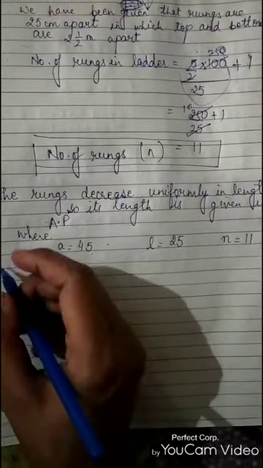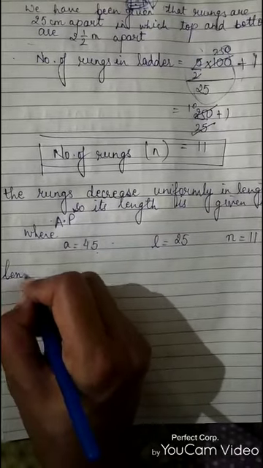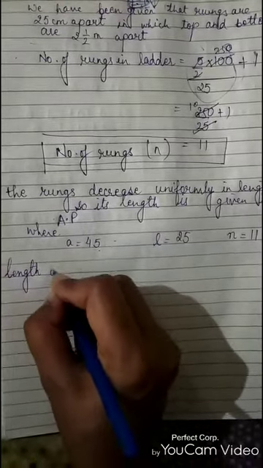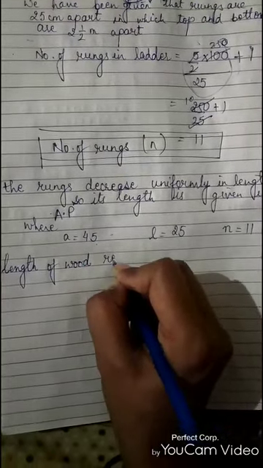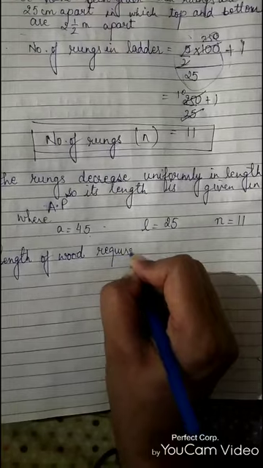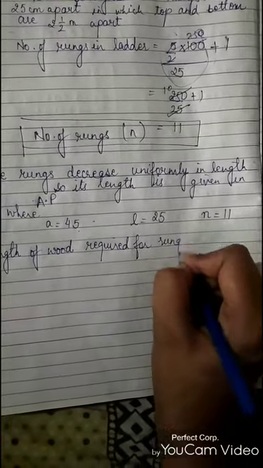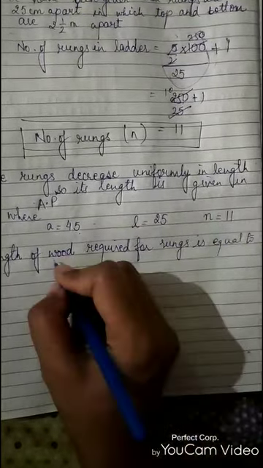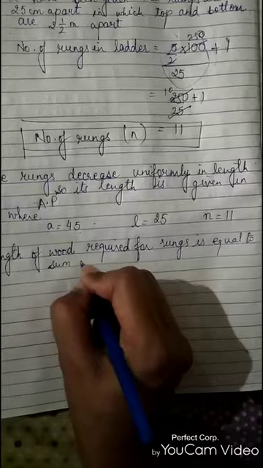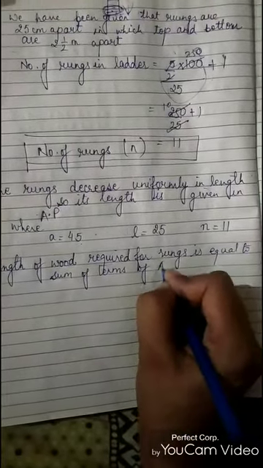So what do we have to find in this? We have to find the length of the wood required for the rung, so we can say that length of wood required for the rung is equals to sum of terms of AP.